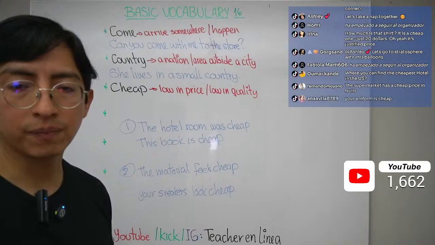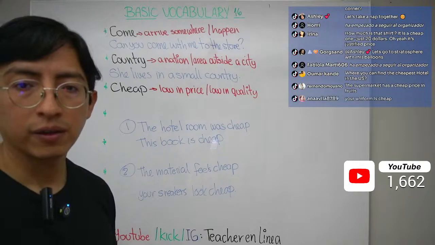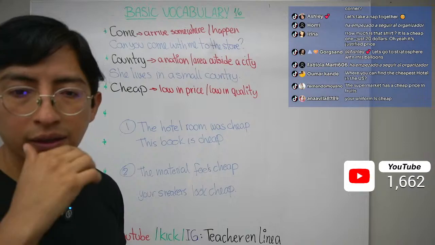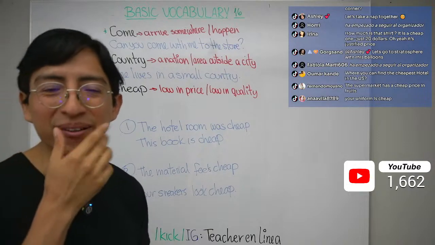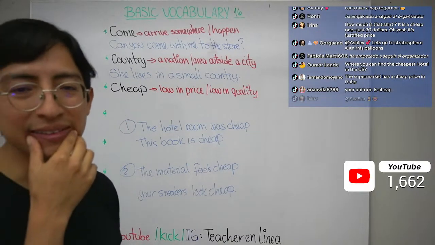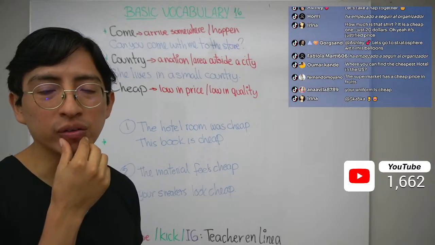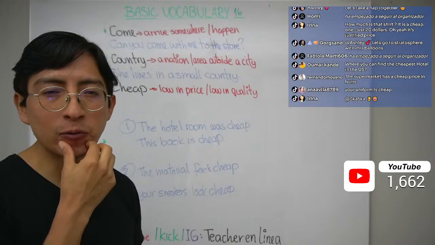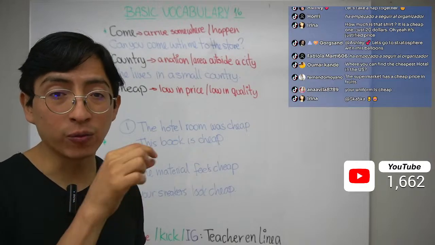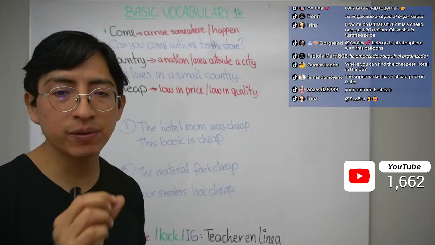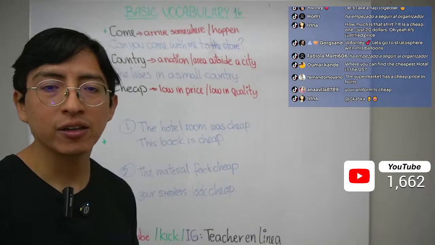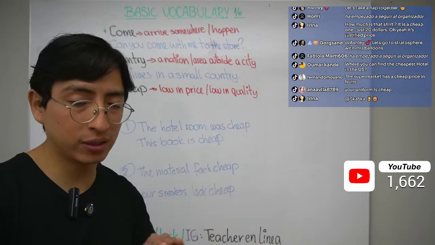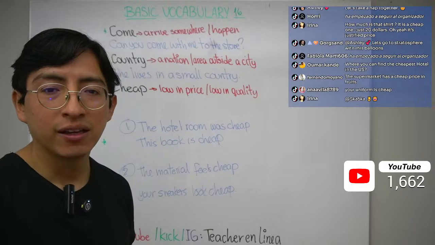Okay, let's see. Your uniform is cheap. The supermarket has a cheap price in fruit. Where can you find the cheapest hotel in the U.S.? Omar, yes, that's the only observation: where can you.